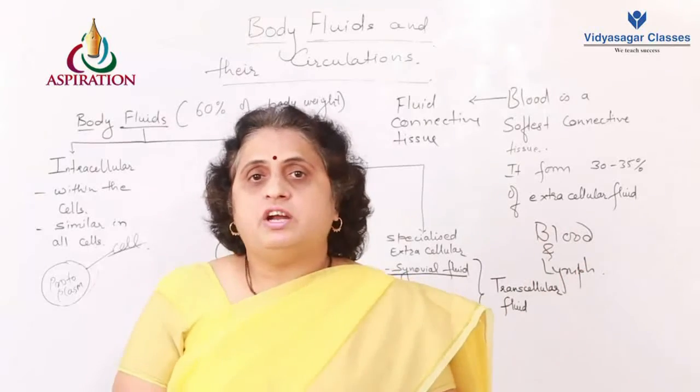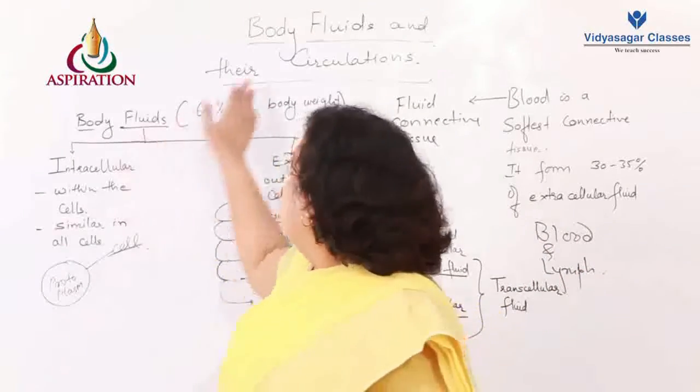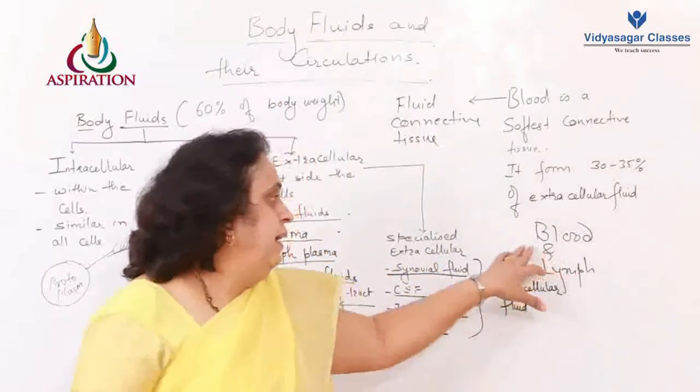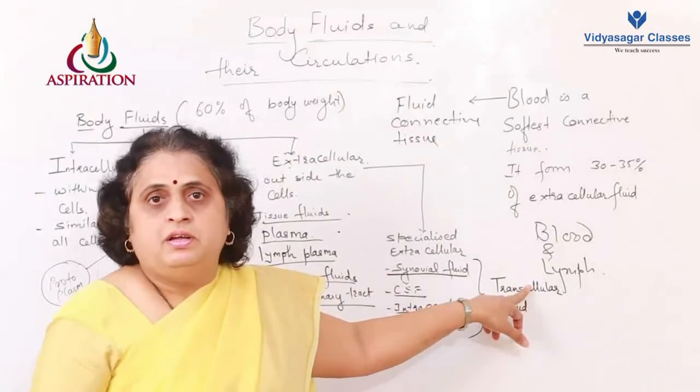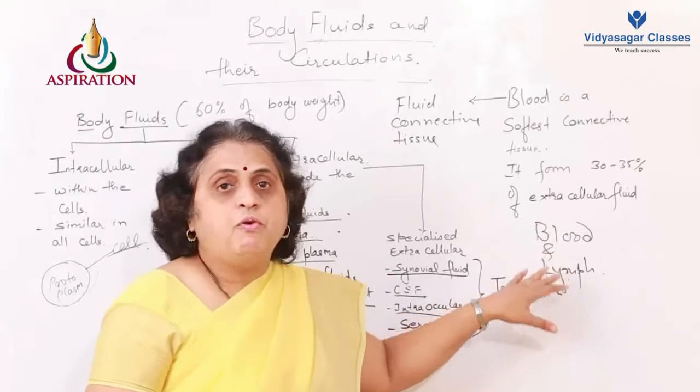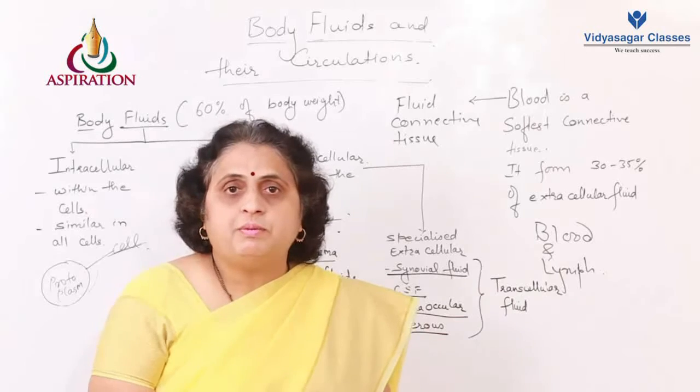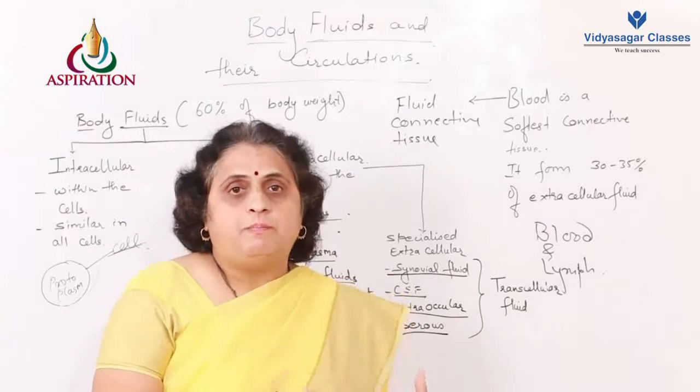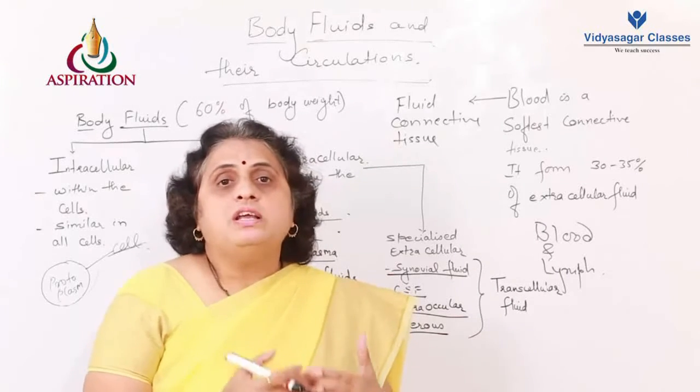We are going to study the circulation of blood and lymph in a further chapter. But before how the blood is going to move in our body, let us come to the topic of what blood is made up of.